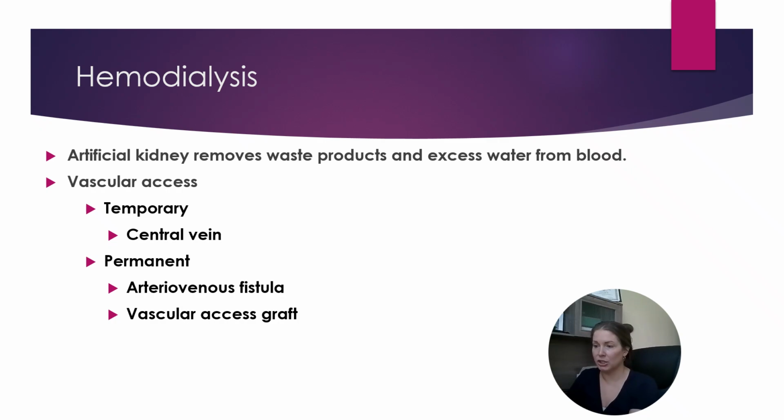So a good teaching that we want to do for these fistula or graft sites is to avoid blood pressures, IVs, or blood draws on the access arm. The unit that I worked on, these people had been on dialysis for a long time, so they would have a dead one in this arm, one that was in this arm. So which one do you go to?